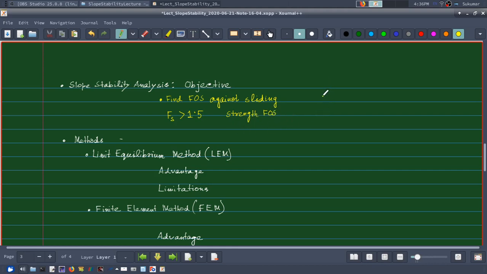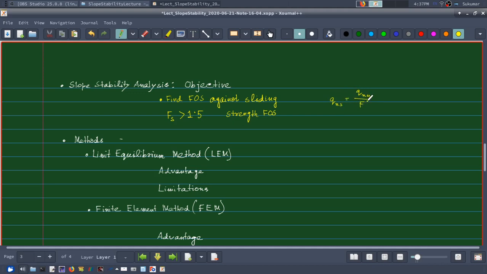You remember in bearing capacity analysis, how did we get the safe bearing capacity? Say Q_NS, the net safe bearing capacity, was Q_NU divided by a factor of safety. So it is the ratio of ultimate load to service load.